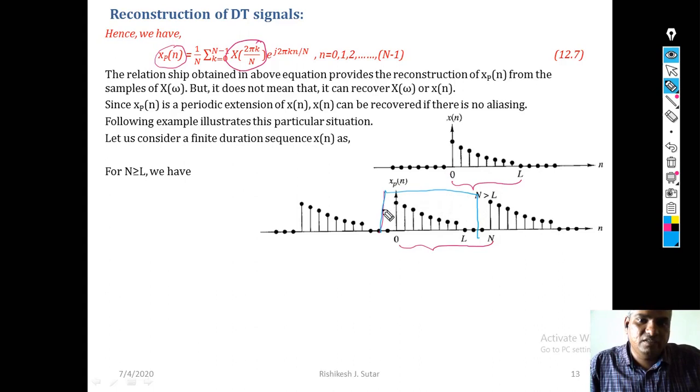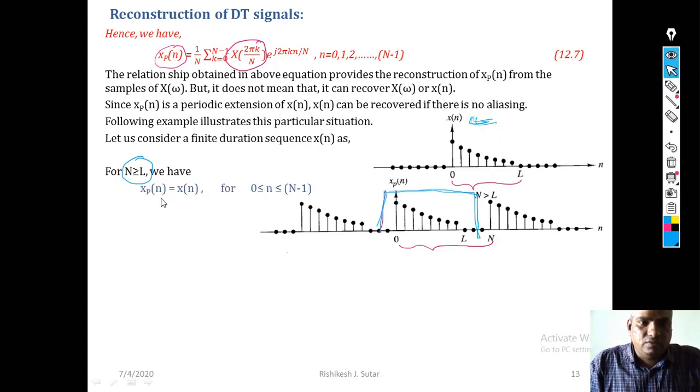Means I can filter out this part and recover x of n when N is greater than L. That is the necessary condition: if N is greater than or equal to L, then I can filter out the specified or desired part, and I can recover back my x of n. The same thing I have written here: xp of n is equal to x of n for small n in between 0 to N minus 1.